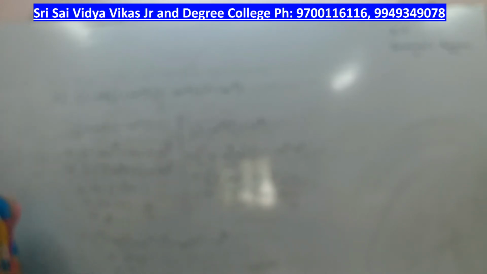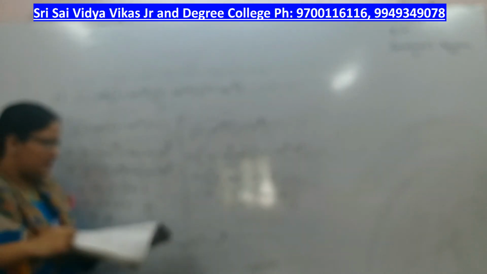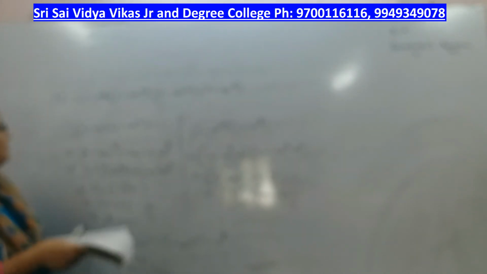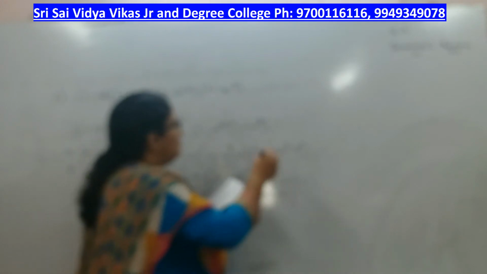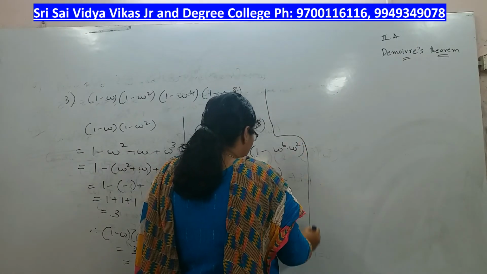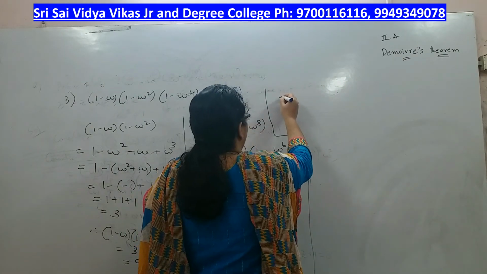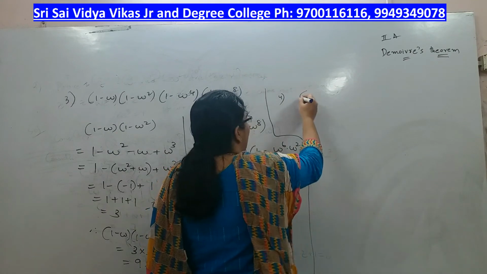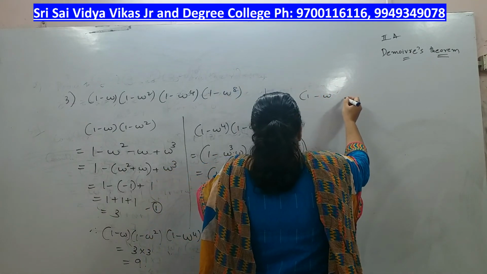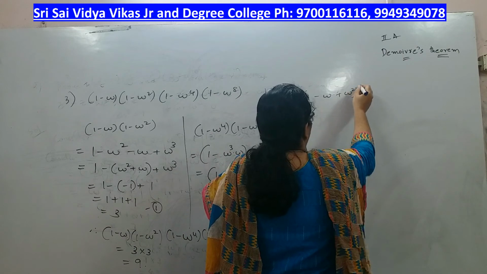Let us do the next problem, a small problem. Fourth one, (1 − ω + ω²)³.